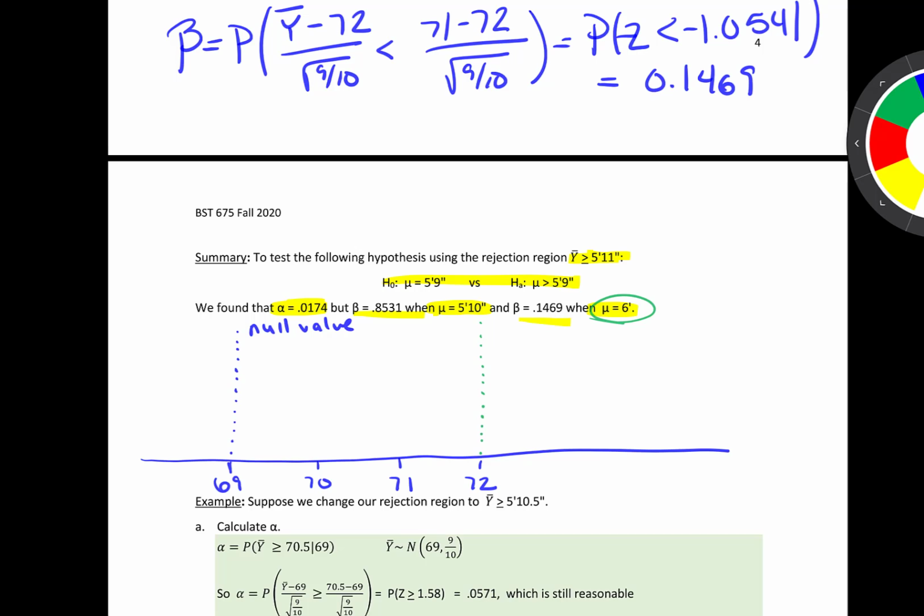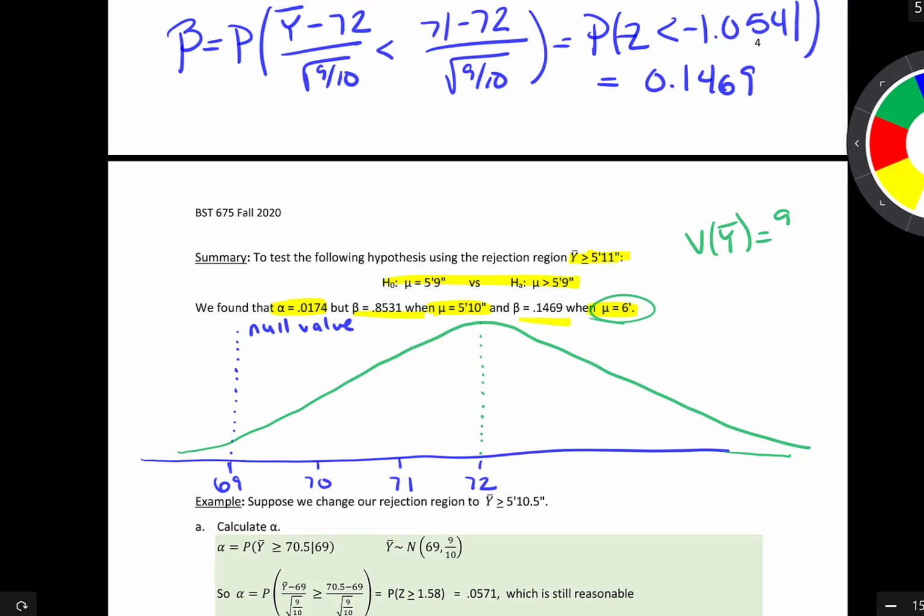So let's draw what this normal distribution is going to look like. Again, we're looking at the distribution of y bar, and this is a little bit of a rough sketch, but remember that the variance of y bar was equal to 9 divided by 10.